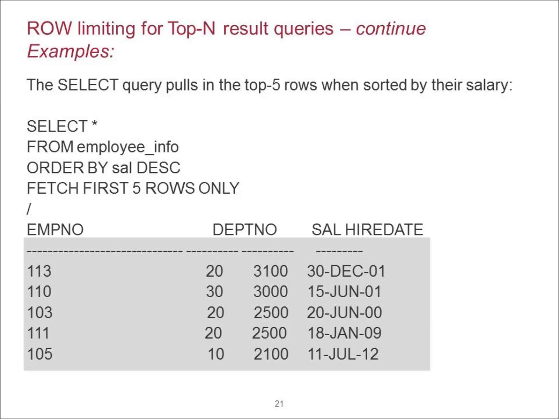So all I have to do is the same example I showed you previously: select star from employee info, order by salary descending, fetch first 5 rows only. Here you're going to see those top 5 salaries displayed.